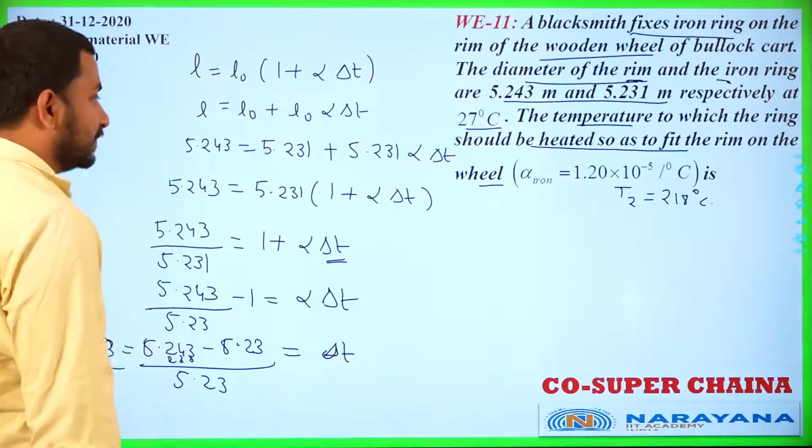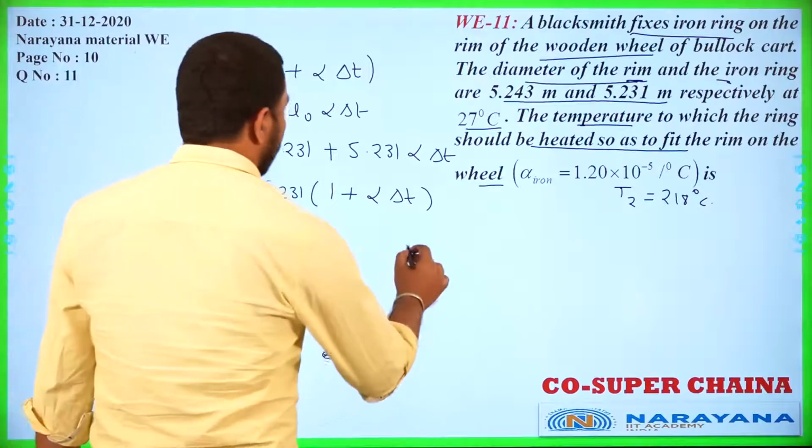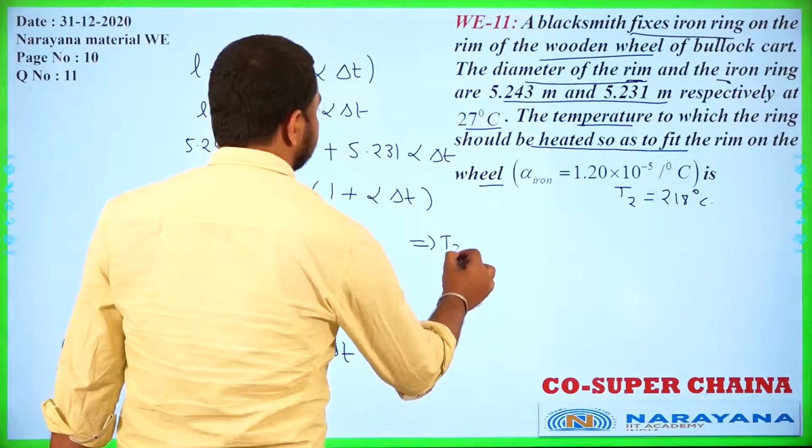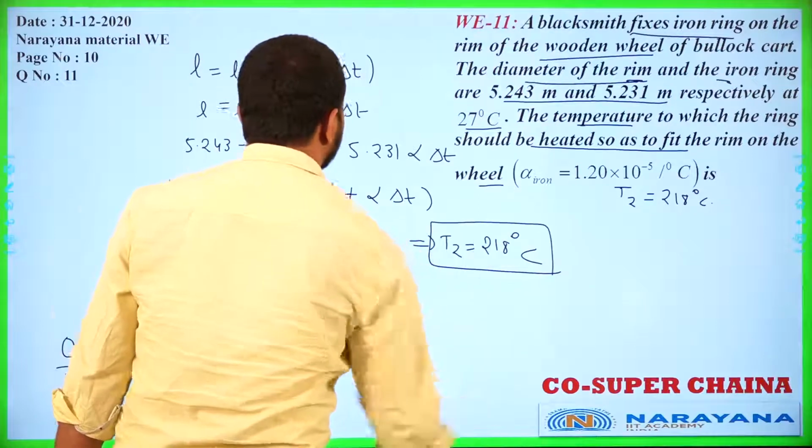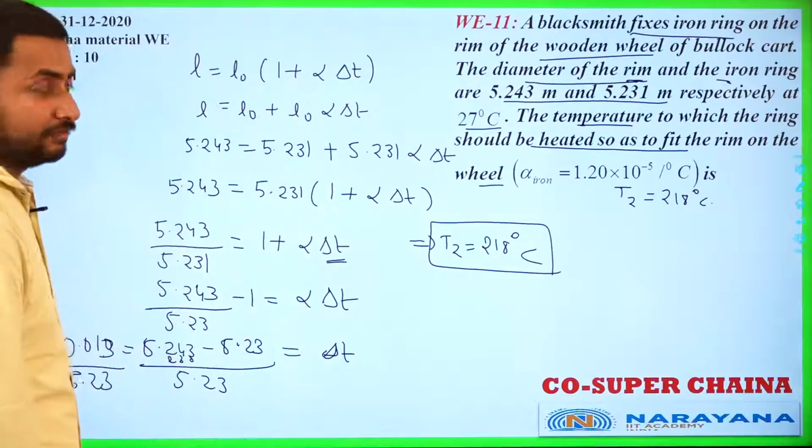Just simplify this further and you will get the value T2 as 218 degrees Celsius. That will be the answer to this question.